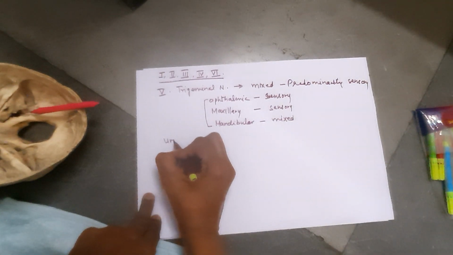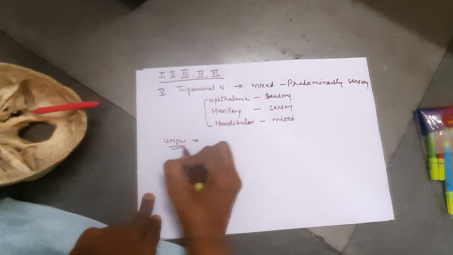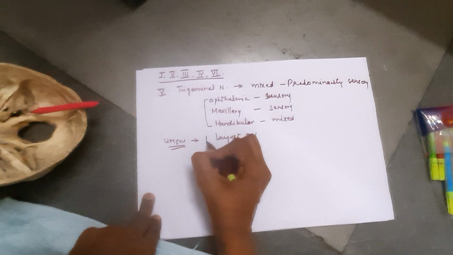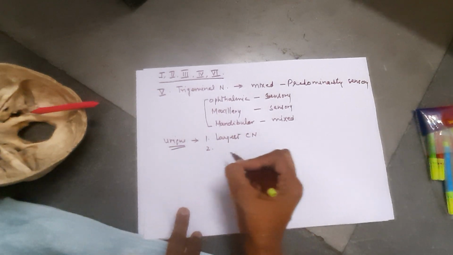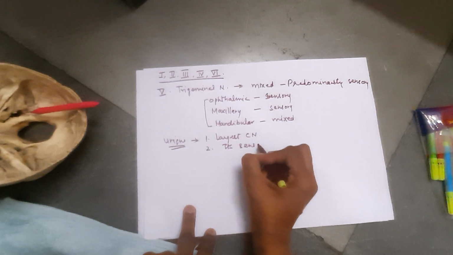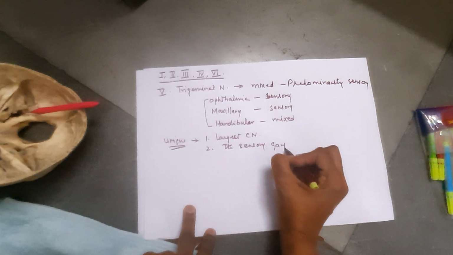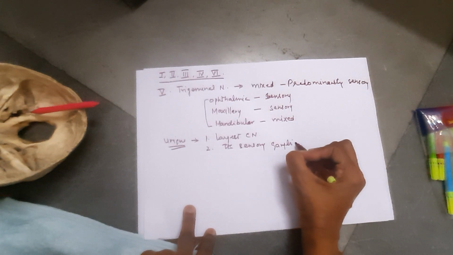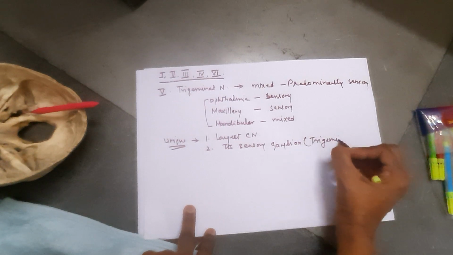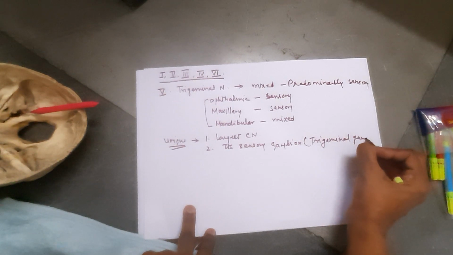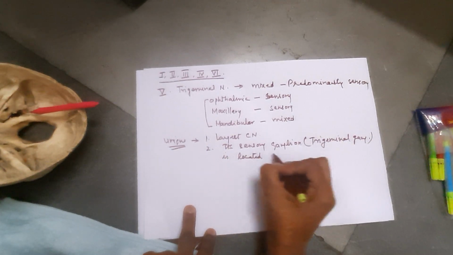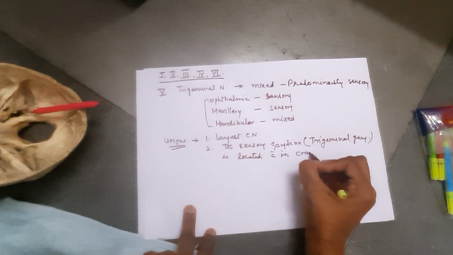The unique features of the trigeminal nerve: number 1, this is the largest cranial nerve, and number 2, its sensory ganglion, known as the trigeminal ganglion, is located within the cranial cavity.